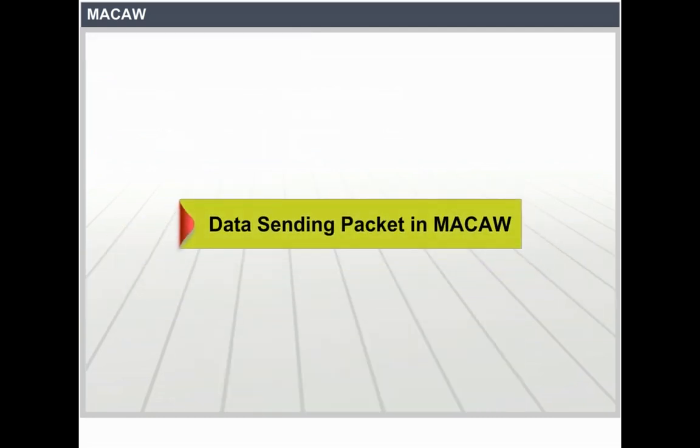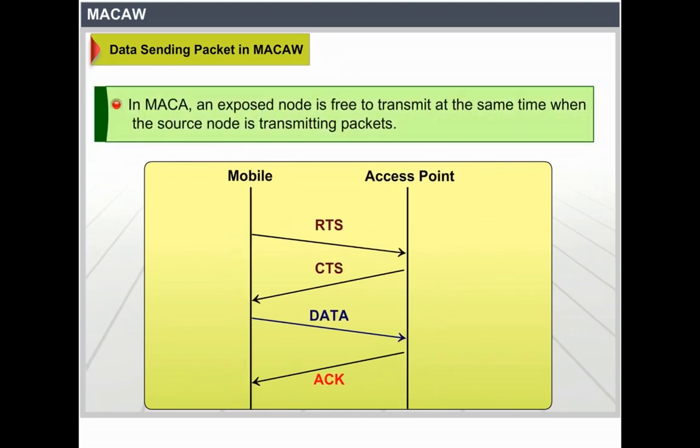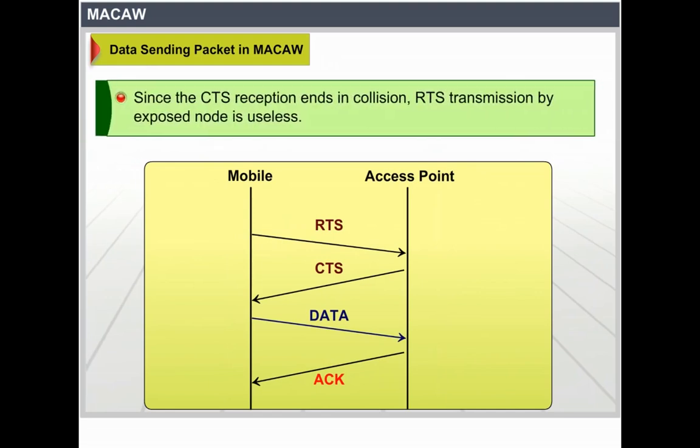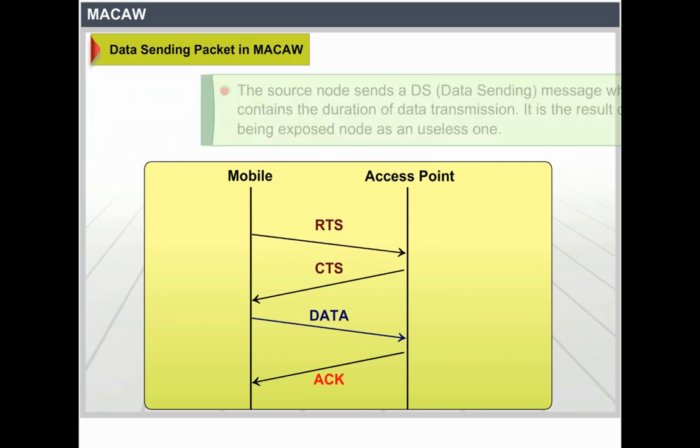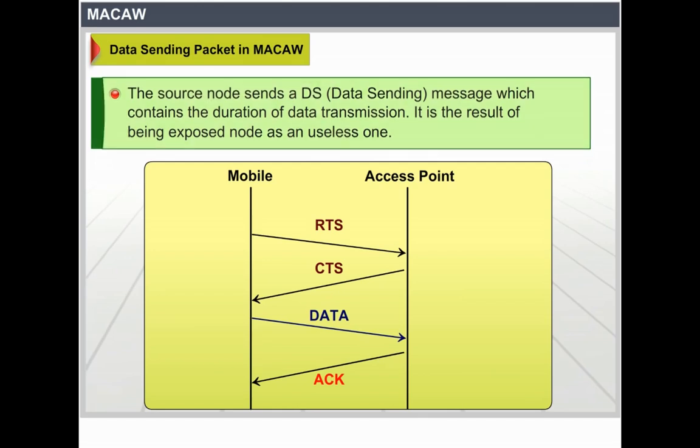Data sending packet in MACAW. In MACA, an exposed node is free to transmit simultaneously when the source node is transmitting packets. But RTS transmission by the exposed node is useless since the CTS reception will end in collision. So the source node sends a DS, data sending message, which contains the duration of data transmission.